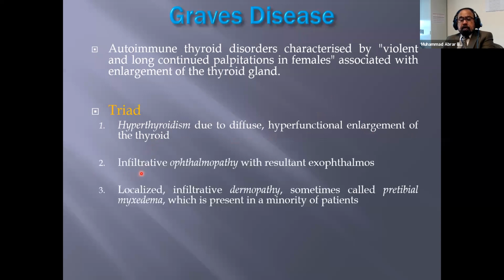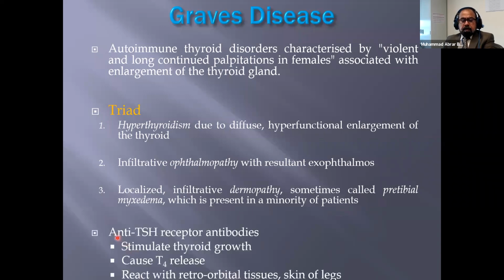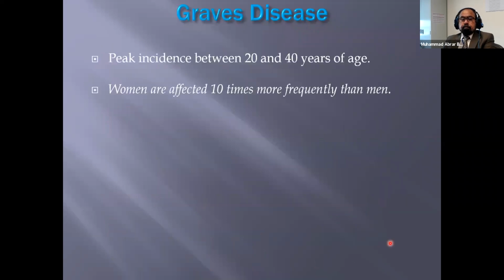Number two is infiltrative exophthalmos, meaning the eyes protrude out. And third is localized infiltrative dermopathy, so-called pretibial myxedema, which is present in only a small number of people. There is an anti-TSH receptor antibody. It stimulates thyroid growth, causes T4 release, and reacts with the retroorbital tissue and skin of the legs.